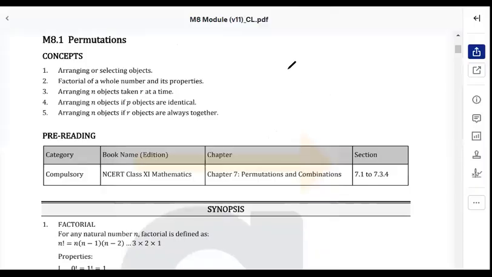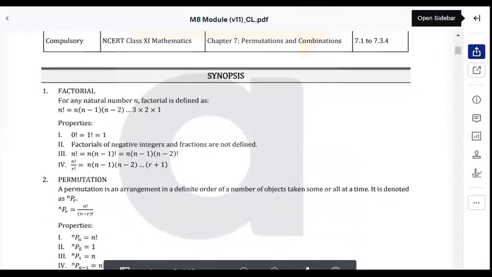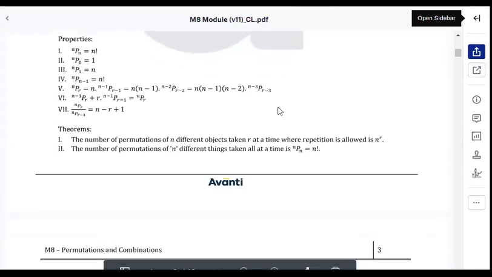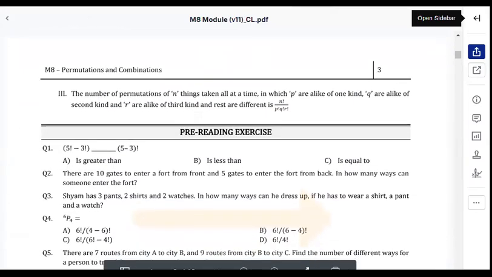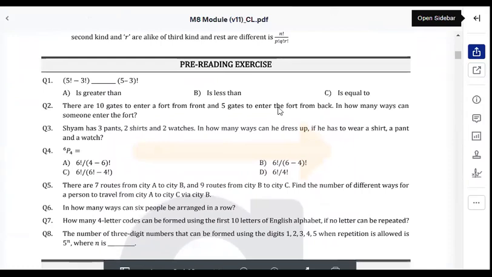Now see this. Everyone just have a look here. So when we talk about factorial, I hope all of you understood what is factorial, right? Let's solve some problems. Now tell me. First one, 5 factorial minus 3 factorial, fill in the blanks. 5 minus 3 factorial.